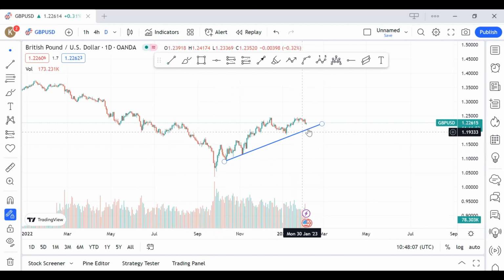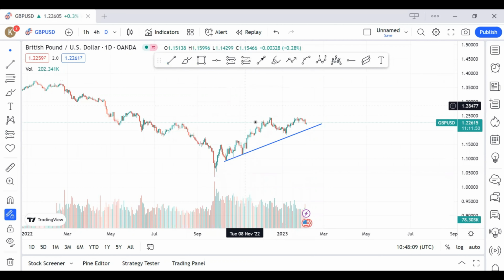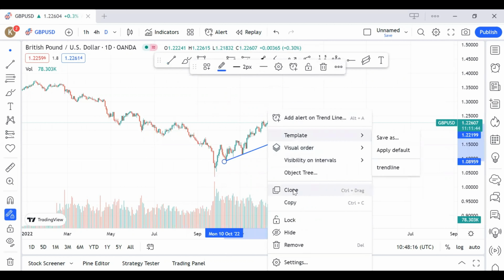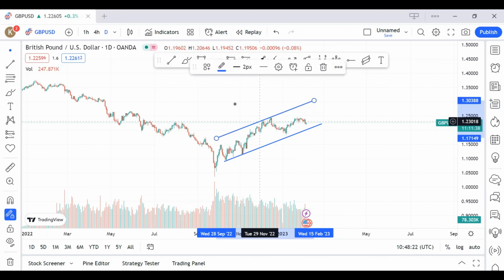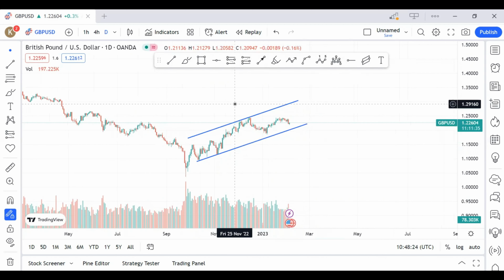Okay, so we have this type of movement at this level here. Remember, guys, a diagonal supporting trend line always has a diagonal resisting trend line at this point here.